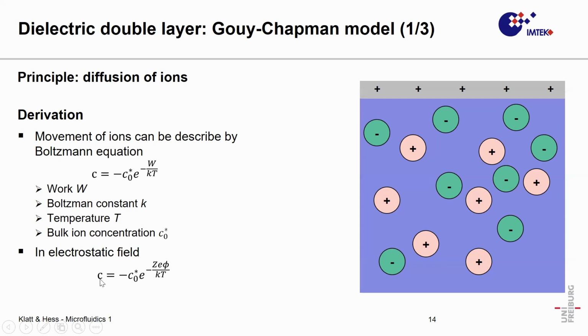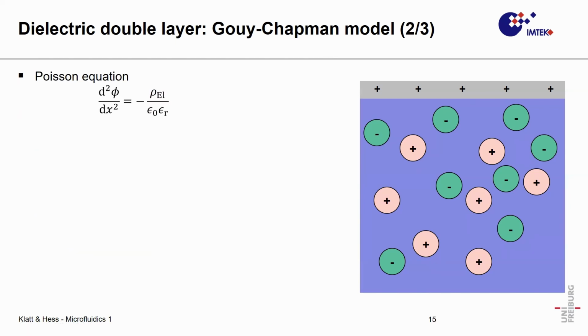So you have the concentration of the ions, which is given by the bulk ion concentration, so in the total liquid, times an exponential function of minus the valence number z, the electrical elementary charge e, phi, divided by the Boltzmann constant times the temperature.